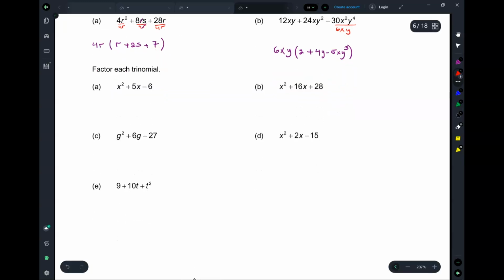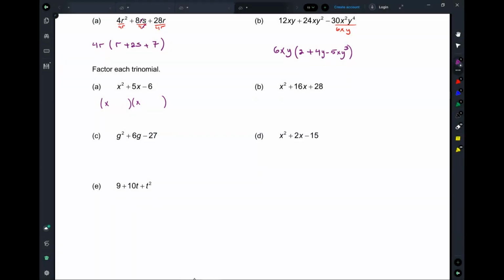Now we're going to factor each trinomial. A trinomial factors into 2 factors. You need 2 numbers that multiply to x squared. That will be x and x.